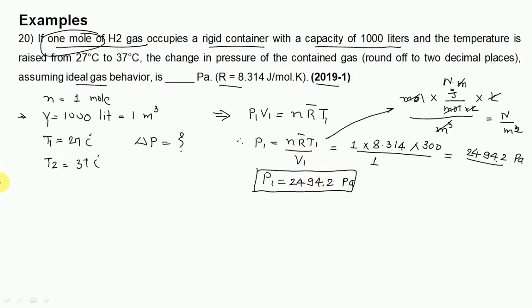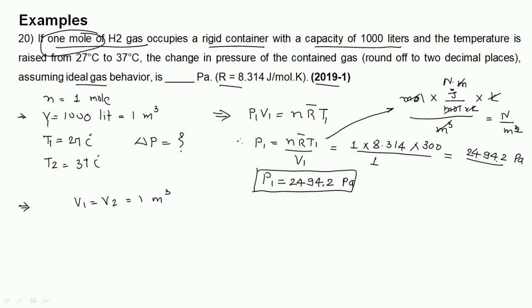Now the second part. Here P1 is calculated, we need to find P2. It is a rigid container with an ideal gas, so we can use the same equation, PV equals nRT, because the volume is the same. Here the volume V1 equals V2 equals 1 meter cube.